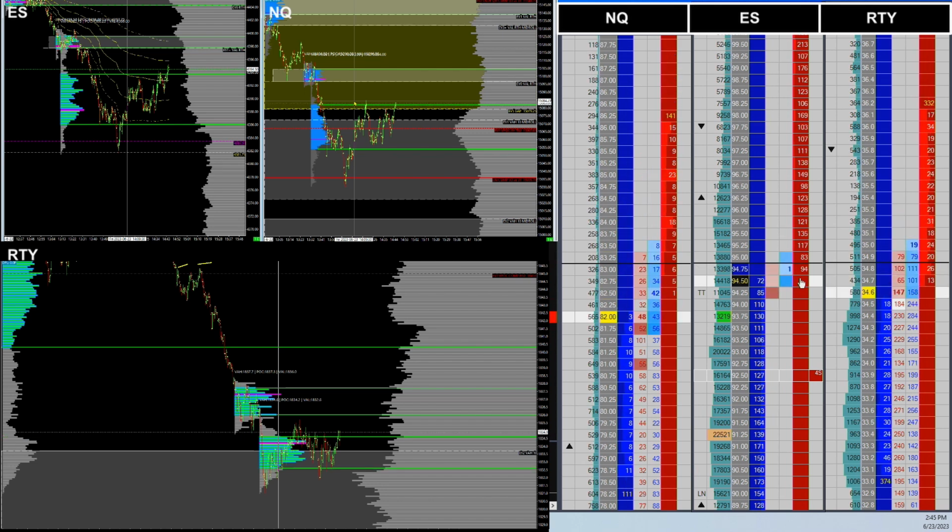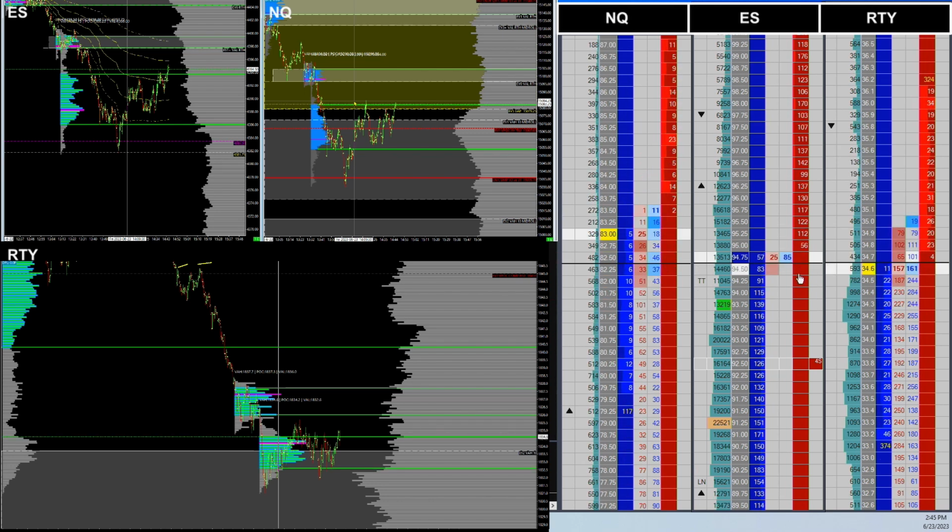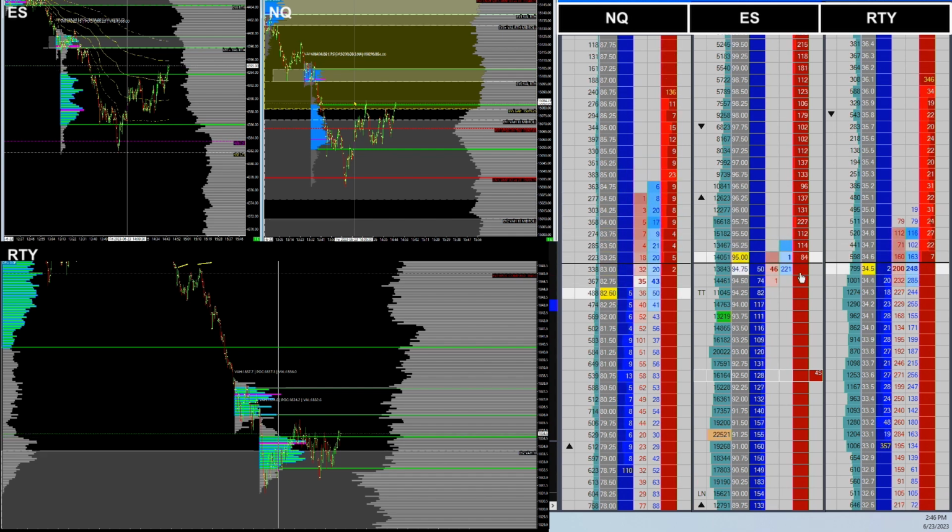Still think there's a ripper right here. It's not looking that way anymore. Things are shifting ever so slightly.